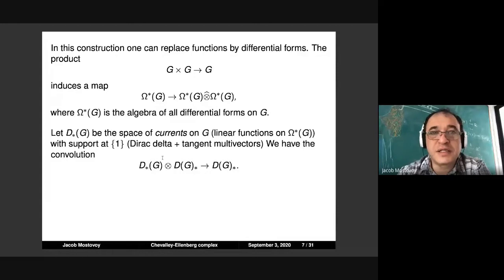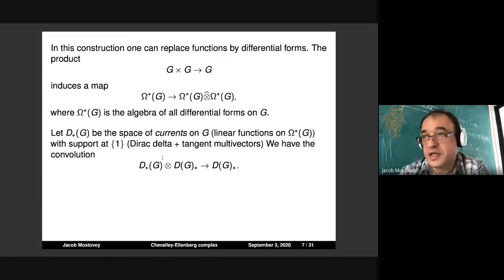So let us replace functions in this construction by differential forms. It will work in the same way. We have the product. The product induces some kind of a coproduct on differential forms. And then instead of distributions, we take what's sometimes called currents. I mean, it's called currents in geometric measure theory. The word current has too many meanings, but it is often used in this way.